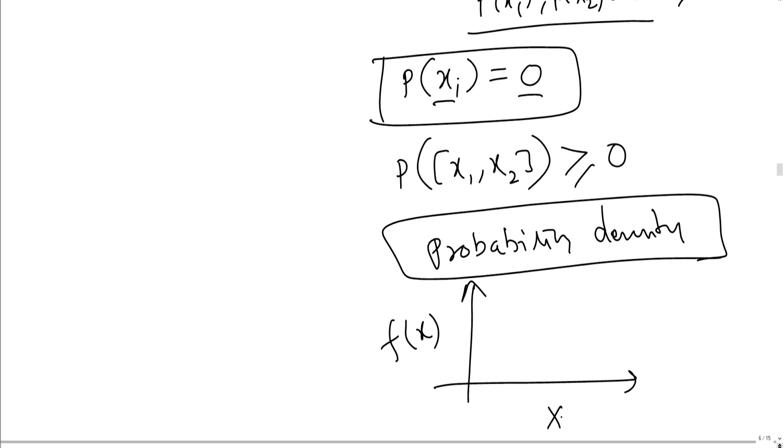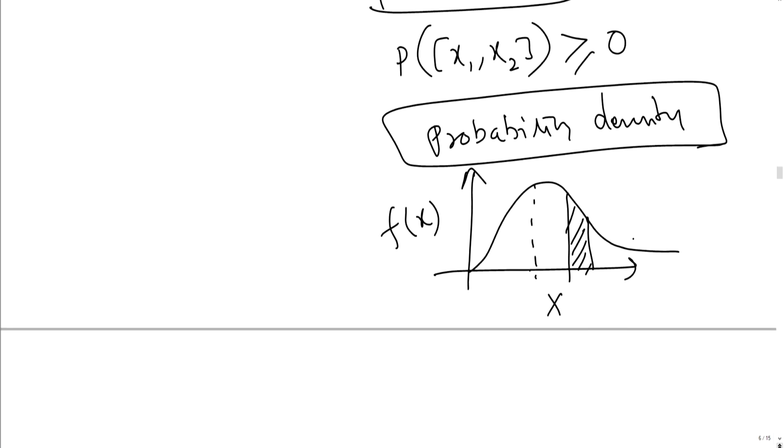Although you cannot define a probability mass function, you can define a probability density function on the values of a continuous random variable x, and it would be a continuous function, by the way, because x would have continuous values. If I want the probability at any point value of x, it would be 0, and if I want the probability of an interval of values of x, let us say between this and this, it would be non-zero. How can that be possible?